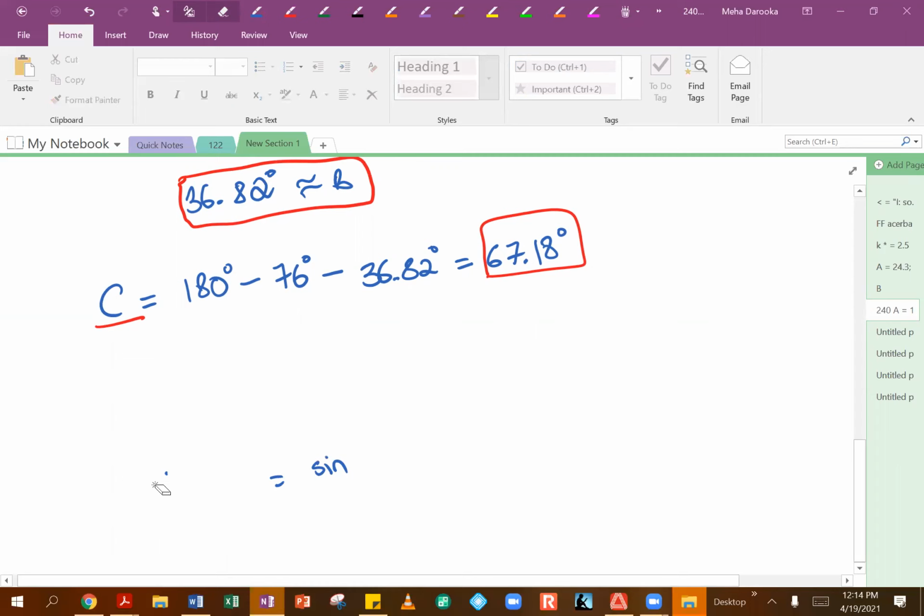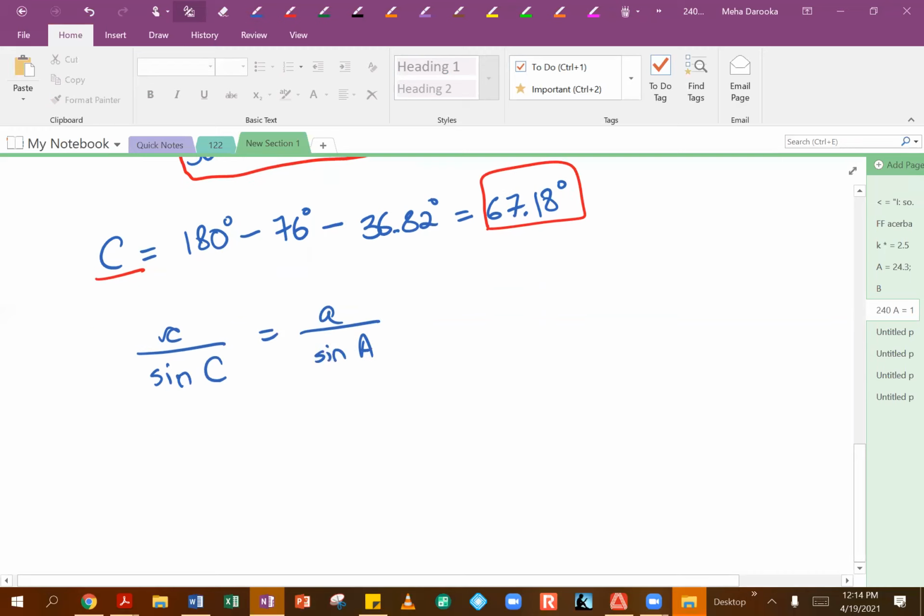Since we're trying to find side C, it will be easier to put the C on the top. So side C over sine of angle C equals side A over sine of angle A. Yeah, this guy will be better. So we're trying to find C. This will be sine of 67.18 degrees. And then A was 34 and angle A is 76.